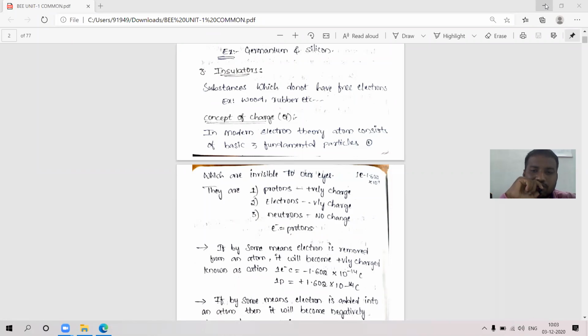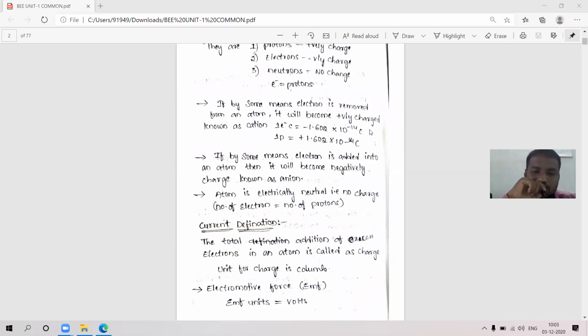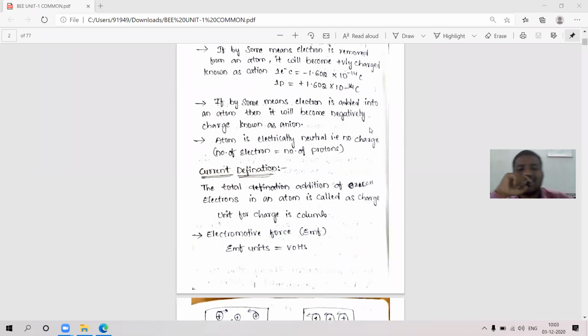Okay, likewise, if by some means I add extra electrons to it, what happens? It will become negative charge. So charging is nothing but what? In your mobile phone also we are charging the battery, yes or no?